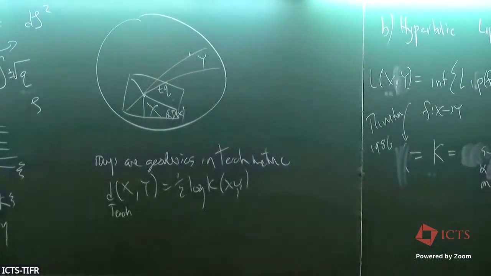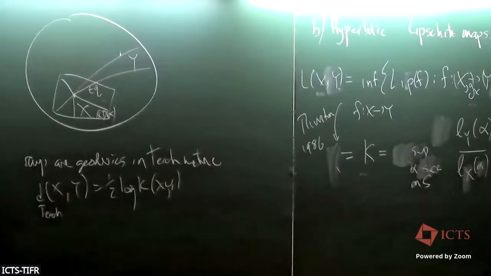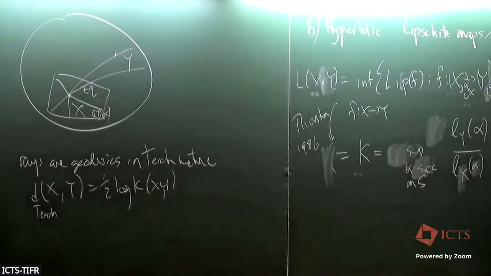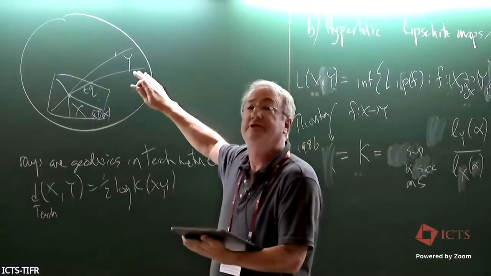Now I can create a Thurston metric, and in the Thurston metric, the distance between x and y is 1/2 log L of xy. Now in the Teichmuller metric, we were in a good situation because these rays are actually geodesics in this metric.